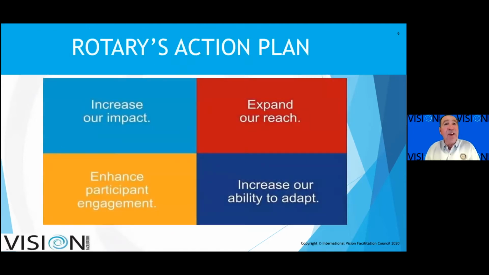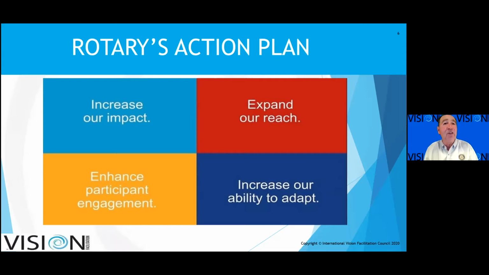The presenter then would state that the framework of the visioning experience aligns with the Rotary International Action Plan. There are 4 strategic priorities that compose the action plan, in no particular order: to increase our impact, to expand our reach, to enhance participant engagement, and to increase our ability to adapt.